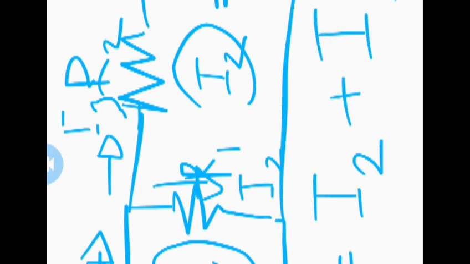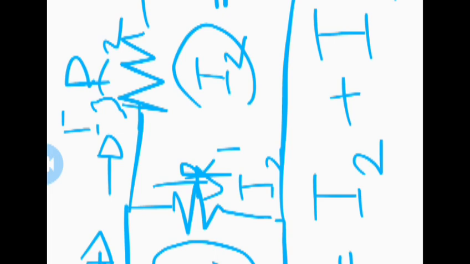So what will result is the current that is flowing in as I1 will basically be the summation of I2, which is flowing through resistor 1, and I3, which is, let's say, flowing through R2 and R3.